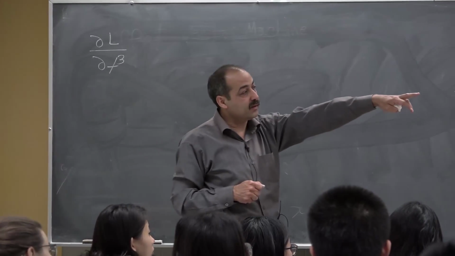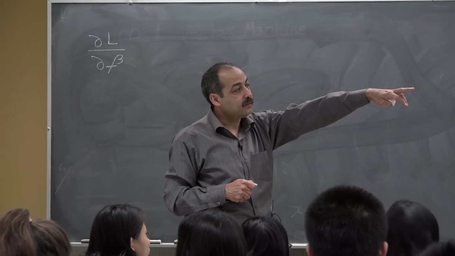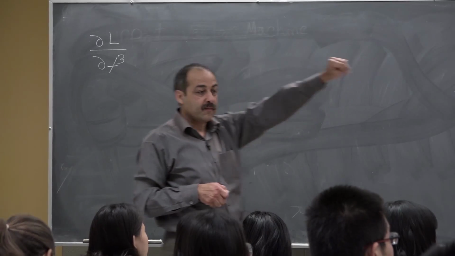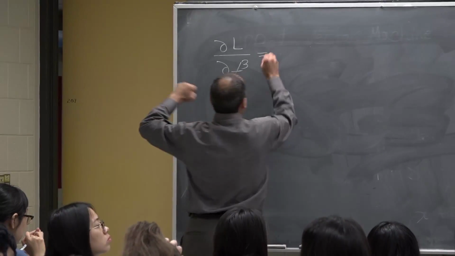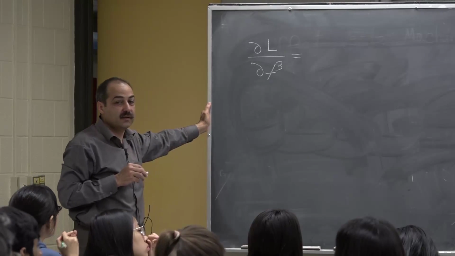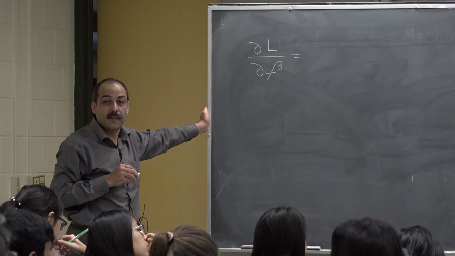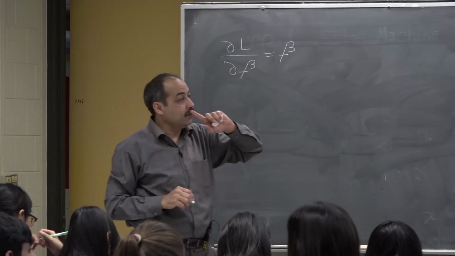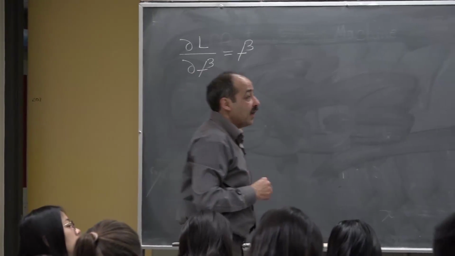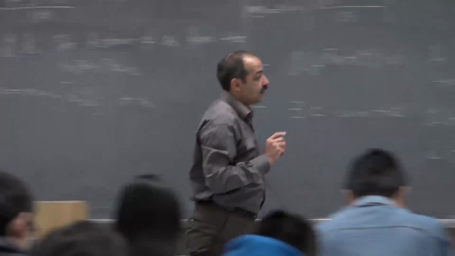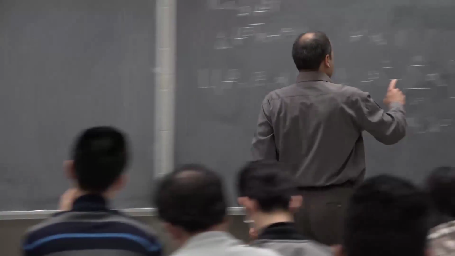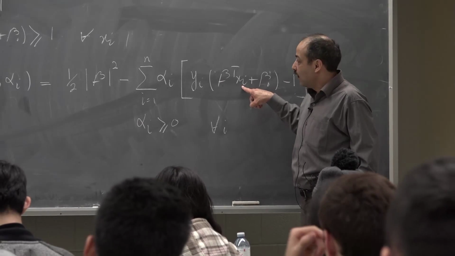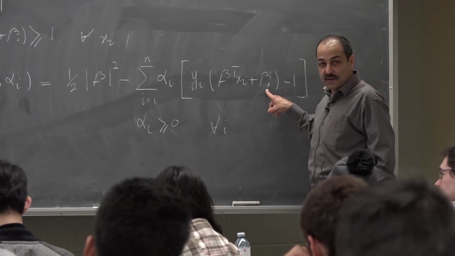So the first term is 1/2 norm of beta squared. So what would be the derivative of this first term with respect to beta? It's going to be beta. So the second term, I have alpha i yi beta transpose xi, and I have alpha i yi beta null.